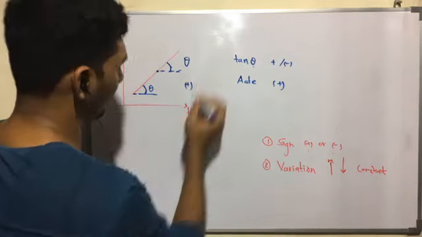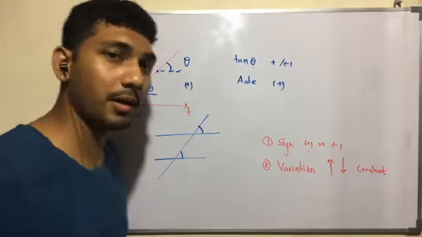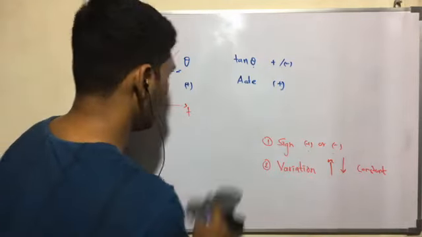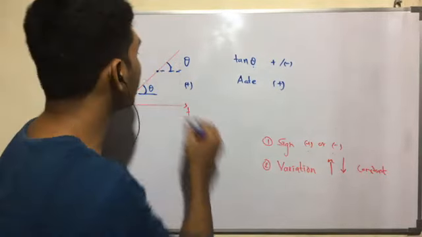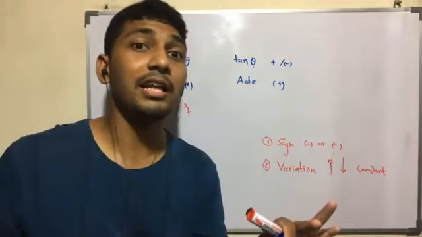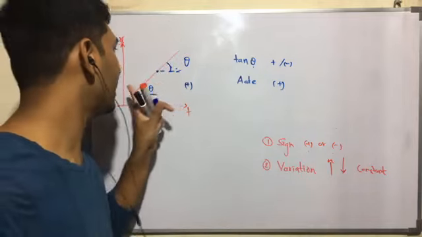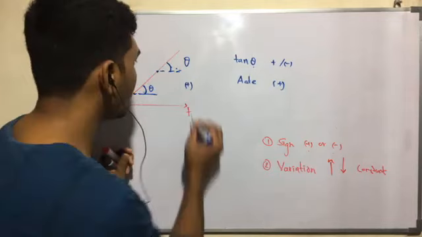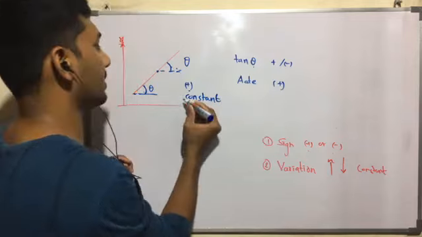There are two lines with corresponding angles, the grade 9 stuff, so these two are equal. If this is a straight line, these two angles are equal, so their tan values are also equal. So here the gradient is not changing. Point to point, the gradient is constant. So here the gradient is positive and also constant.